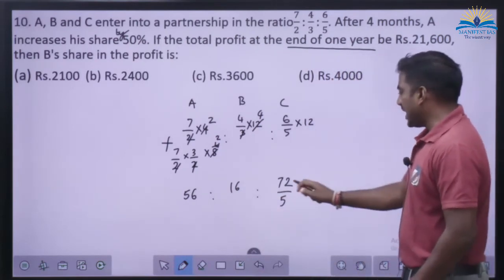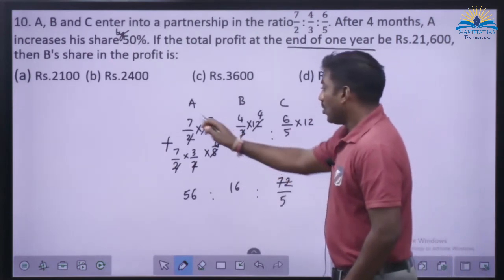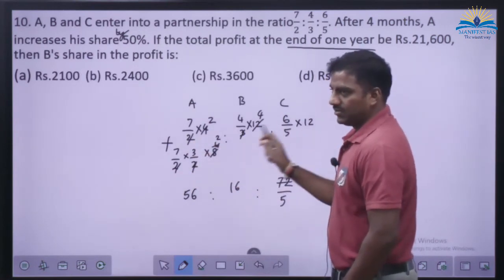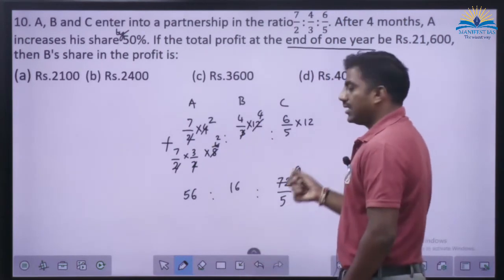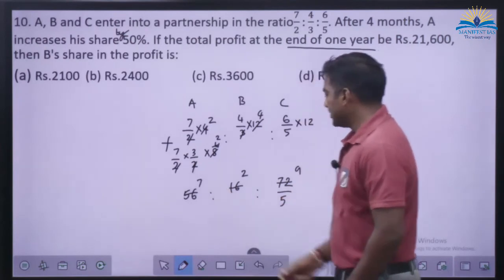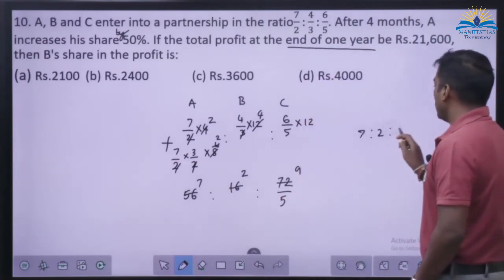But we can cancel. See, while this plus term is there, we cannot cancel. Only when we get a single term, we can cancel. Here 8 nines are, 8 twos are, and 8 sevens. So here this is 7 is to 2 is to 9 by 5.